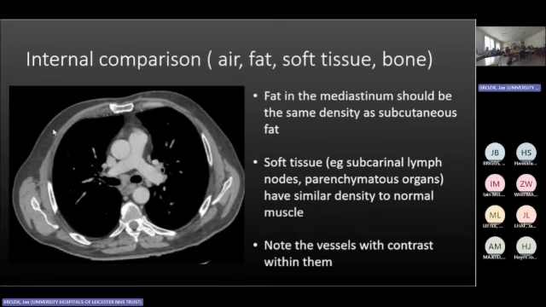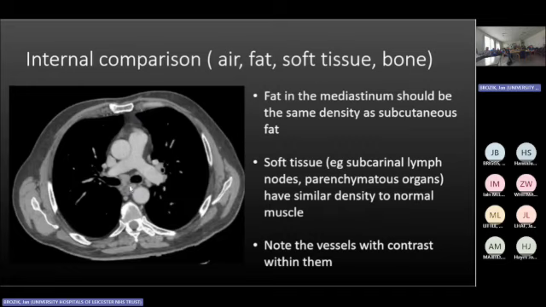As you can see, we have some dark structures, quite hypodense, and that's the fat. So this is subcutaneous fat. We also have mediastinal fat. Unless there's a pathological process, the density of the fat in the mediastinum should be similar or the same as the fat just under the skin.